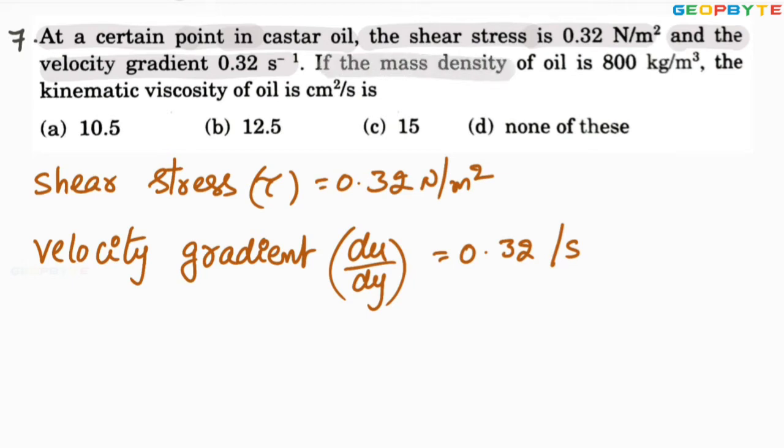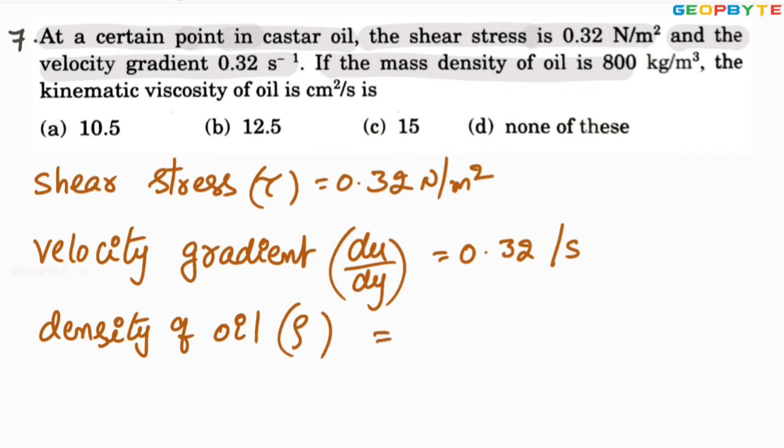If the mass density of oil is given, let it be rho, equal to 800 kg per meter cube.